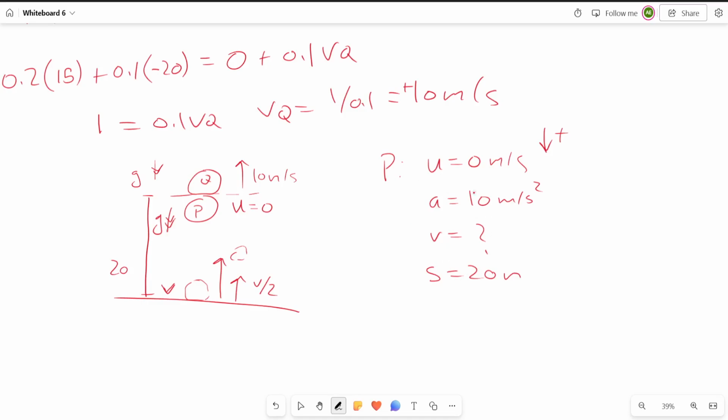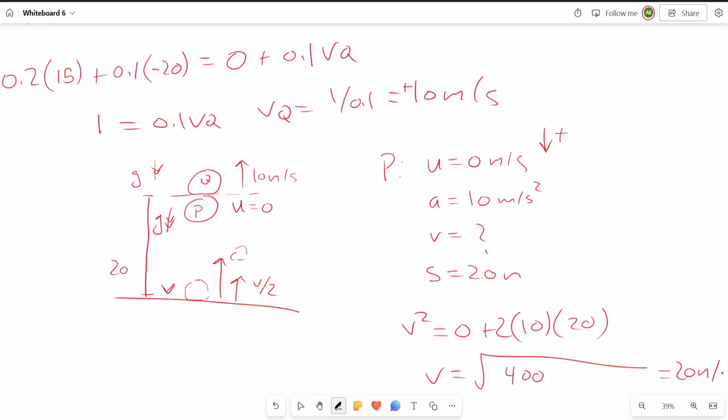Now I want V. Again, I will use V squared equals U squared, which is 0, plus 2 times acceleration times S. So V is going to equal the square root of 20 times 20, which is 400. The square root of that is going to give us an answer of 20 meters per second.